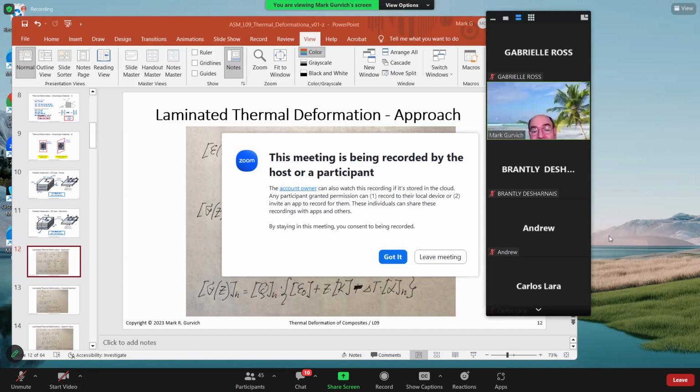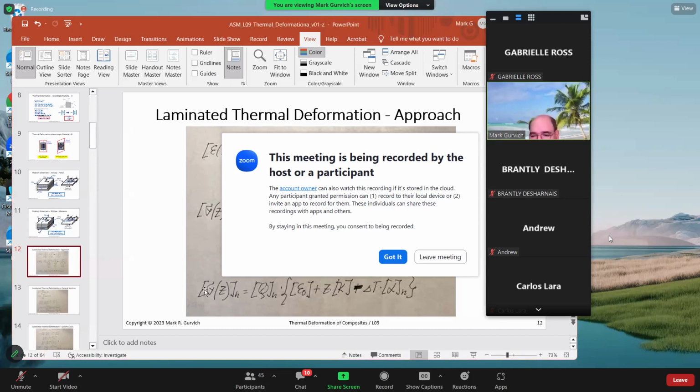But this sign is correct, and it indicates that the strain here will be opposite because epsilon sub 0 is fixed, and this is what we're looking for. But very good question. I was hoping somebody would ask, this is the reason I highlighted it, really appreciate it.